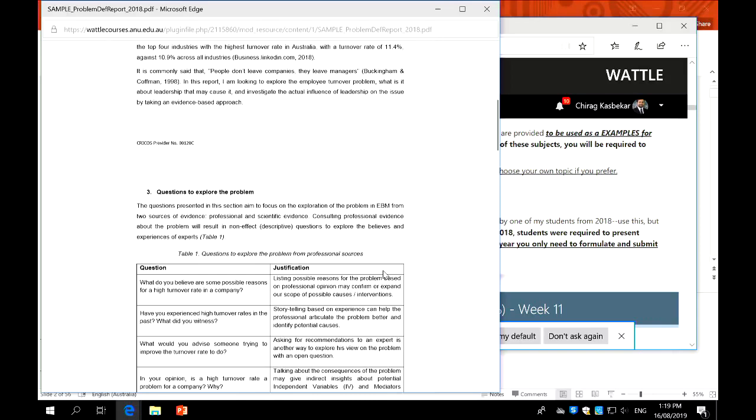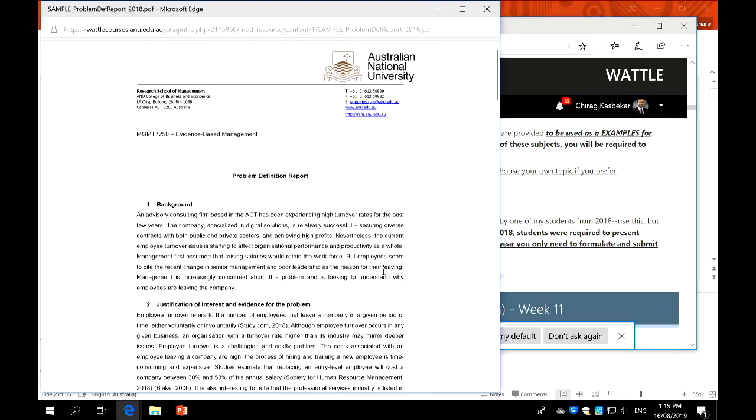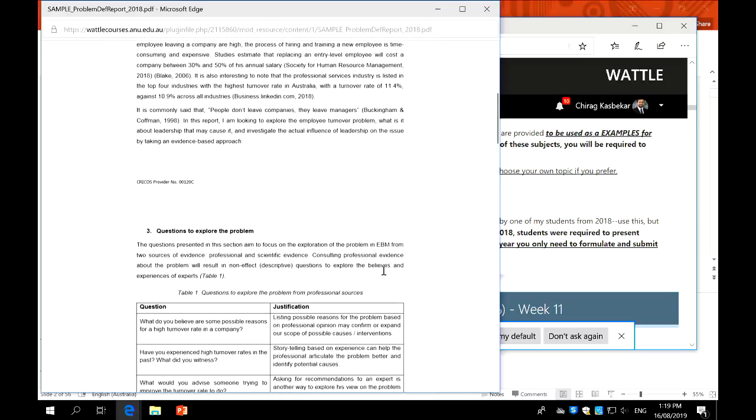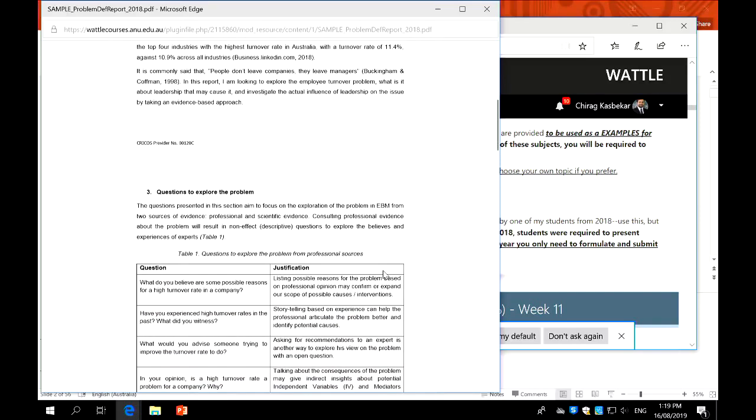In this sample, the student is focused on high turnover rates, right, among employees. Say before I begin, last year the students also had to ask questions related to professional expertise.